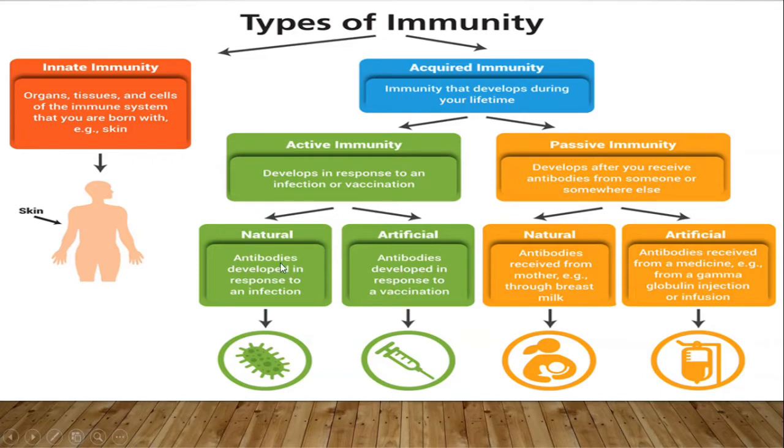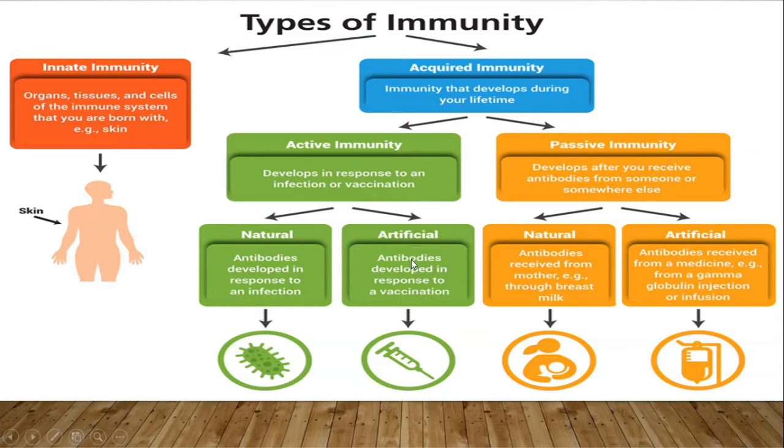When a person develops antibodies against such an infection, we term it natural active immunity. And when vaccination is done, a harmful foreign substance or antigen is injected into the person's body, and that may initiate an immune response and result in the development of antibodies against that specific antigen.